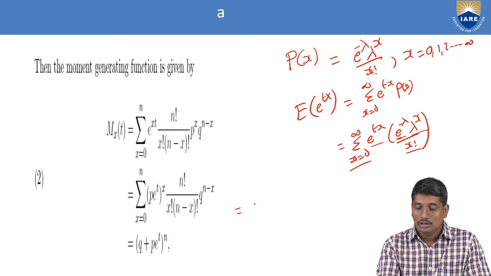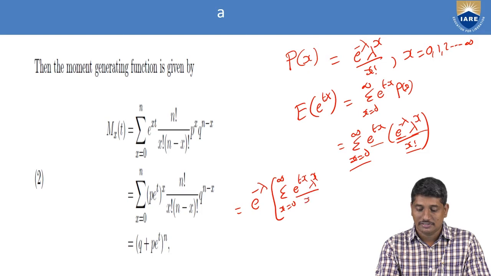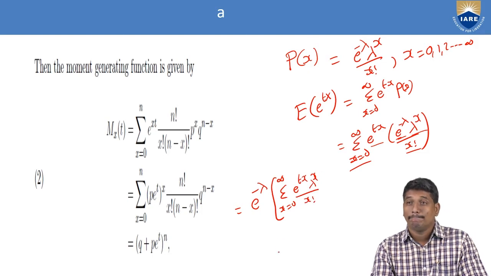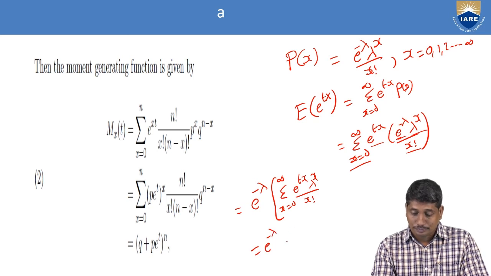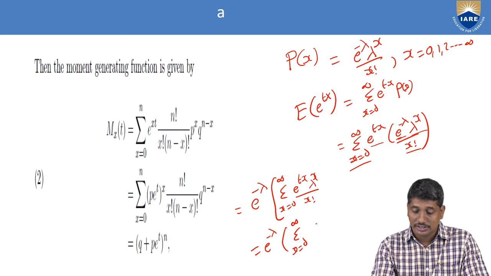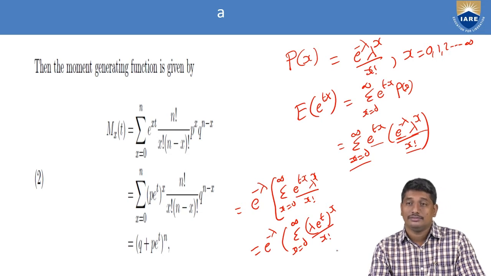So e power minus lambda comes out, and within the brackets, the summation x is equal to 0 to infinity, e power tx lambda power x by x factorial. Now, e power minus lambda, it can be written as summation x is equal to 0 to infinity, lambda e power t whole power x by x factorial.